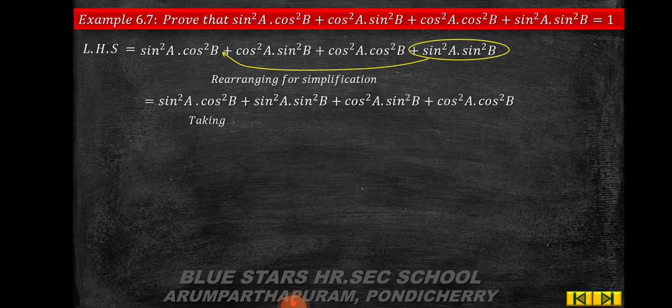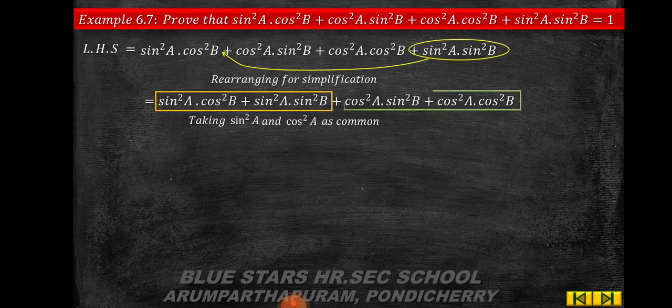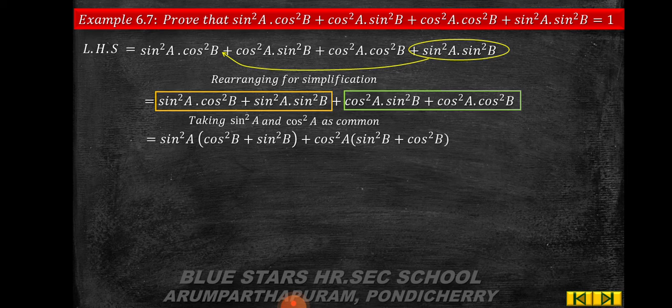The next step, you have to take sin square A common out in the first two terms, and cos square A common out in the third and fourth terms. So you get sin square A into cos square B plus sin square B, plus cos square A into sin square B plus cos square B. So sin square A into 1 plus cos square A into 1, because we know the trigonometric identity cos square theta plus sin square theta is equal to 1.